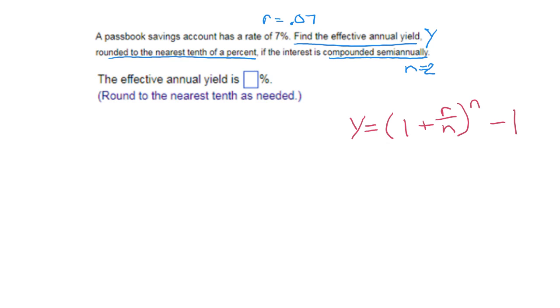Okay, so all we have to do is insert the values that we were provided. My interest rate is 7% over 2 times a year, raised to the 2 power, and subtract 1.